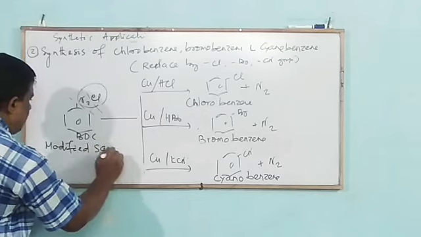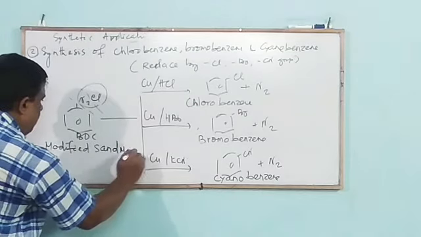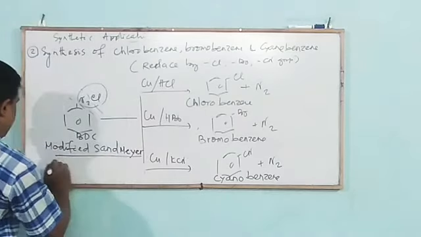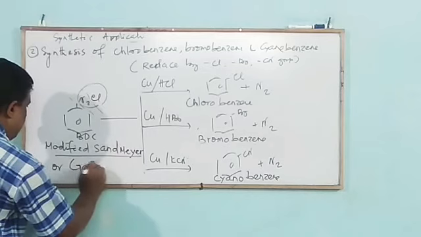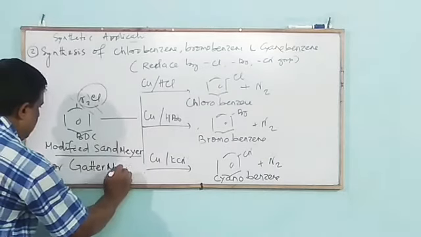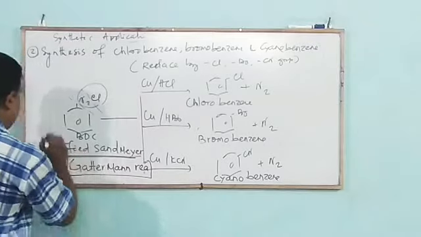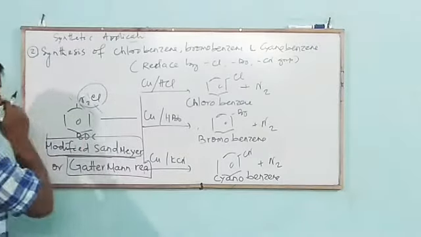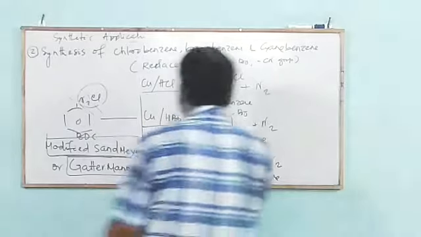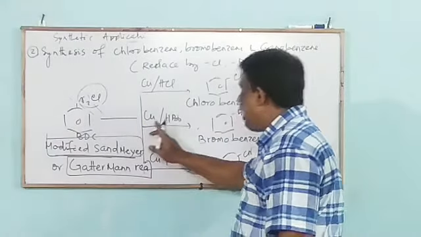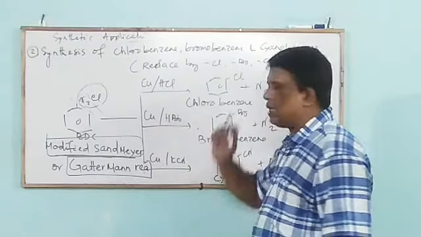Modified Sandmeyer reaction or Gattermann reaction. Mark that. If we select cuprous chloride in presence of HCl, cuprous bromide in presence of HBr, then it is known as the Sandmeyer reaction.